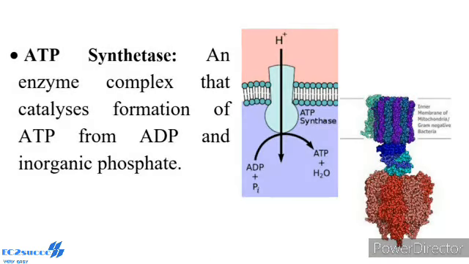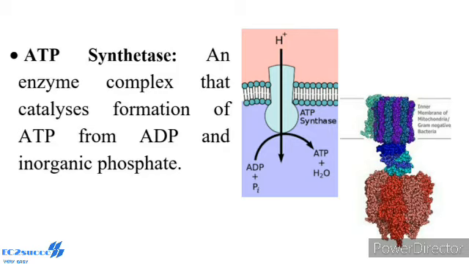Another one, ATP synthetase, an enzyme complex that catalyzes the formation of ATP from ADP and inorganic phosphate. There is a higher proton concentration outside the inner membrane, and protons return to the matrix down the proton gradient.